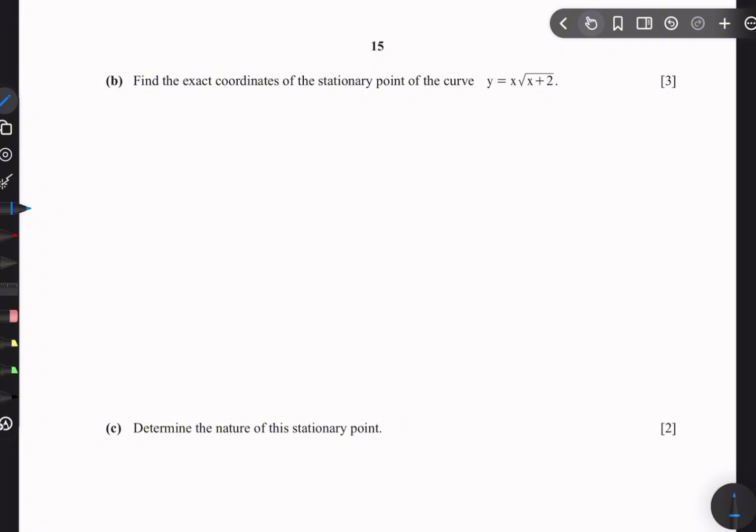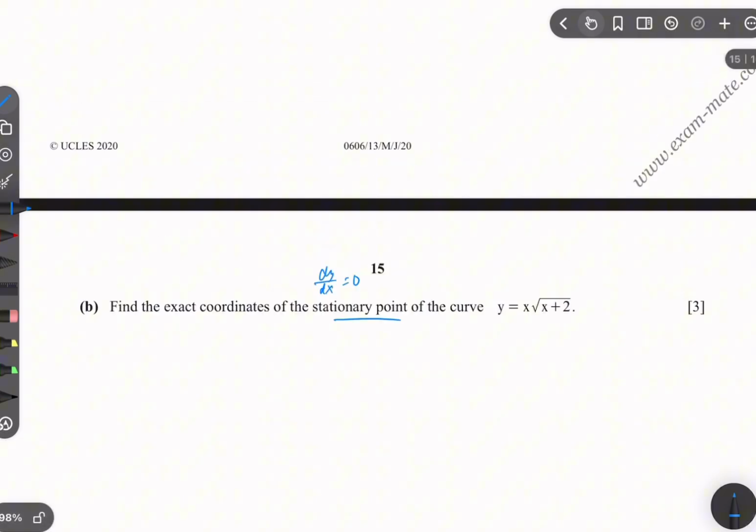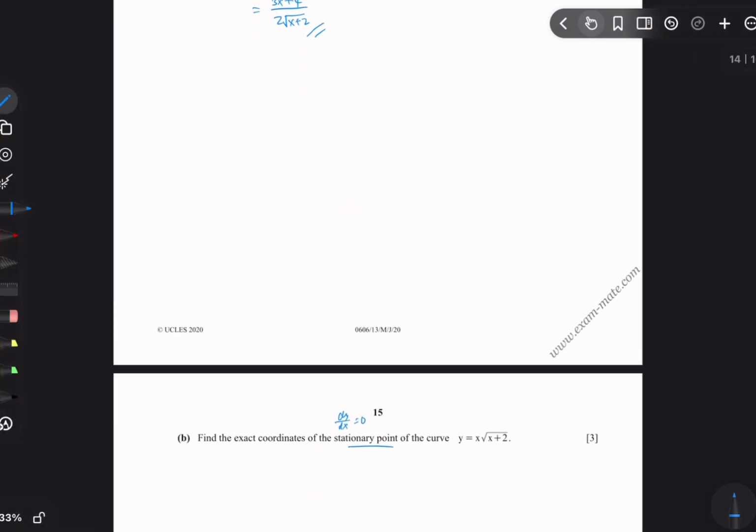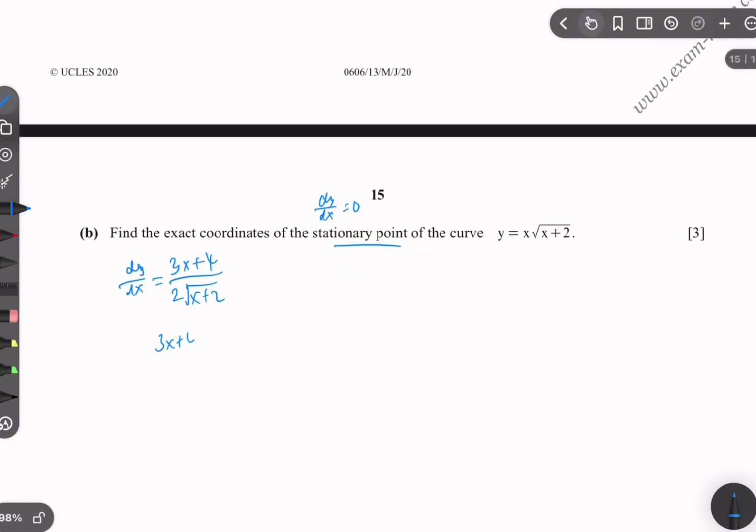Part B. Find the exact coordinates of the stationary point of the curve. Okay, so to find the stationary point, you need to know that at the stationary point dy/dx is equal to 0. And we already have dy/dx in part A of the question, so I'm just going to rewrite it. And equate this equation to 0 to find the x coordinate.